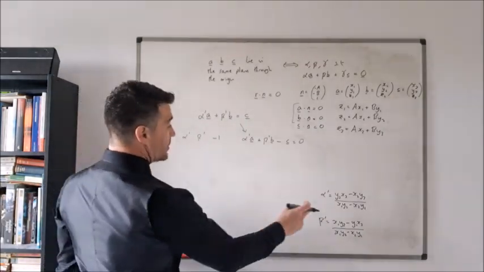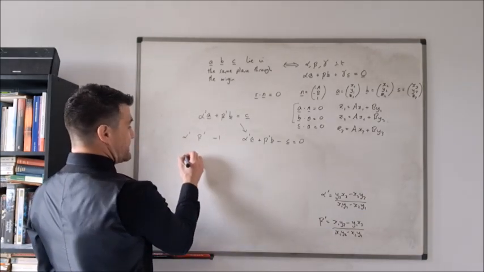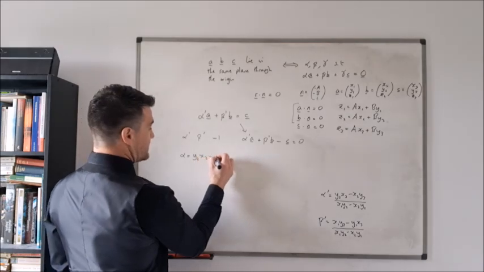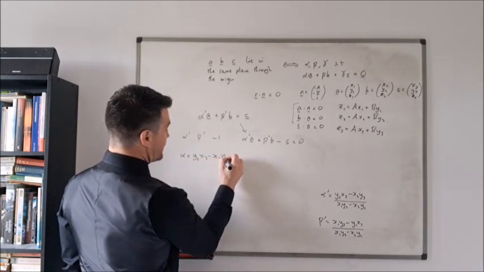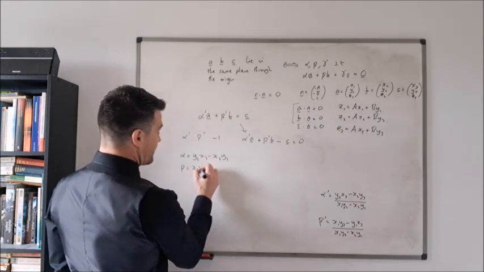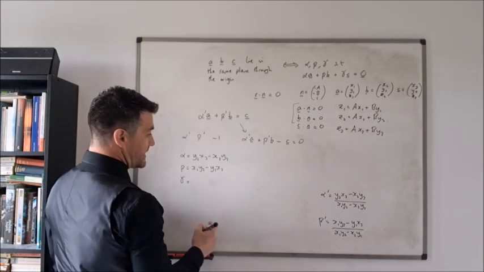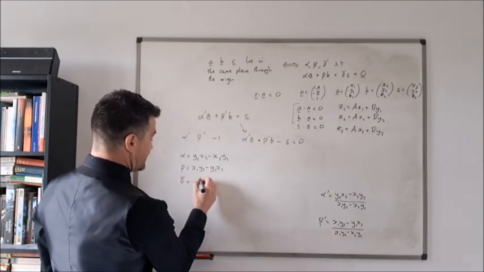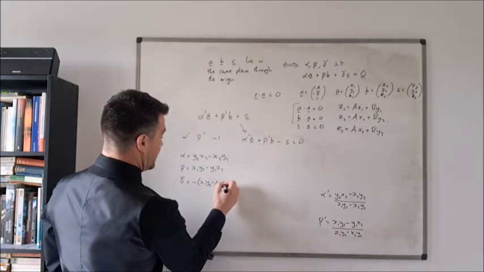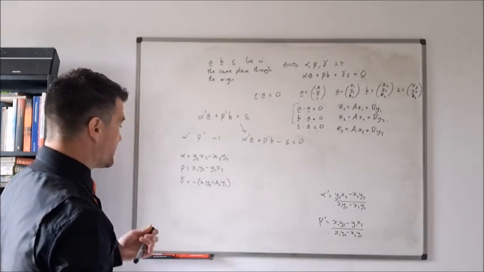What I'm going to do is multiply through by x1, y2 minus x2, y1, which gives me then that alpha is going to be equal to y2, x3 minus x2, y3. Beta is going to be equal to x1, y3 minus y1, x3. And gamma is going to be equal to minus the negative of this, minus x1, y2 minus x2, y1, or x2, y1 minus x1, y2, whichever you prefer.